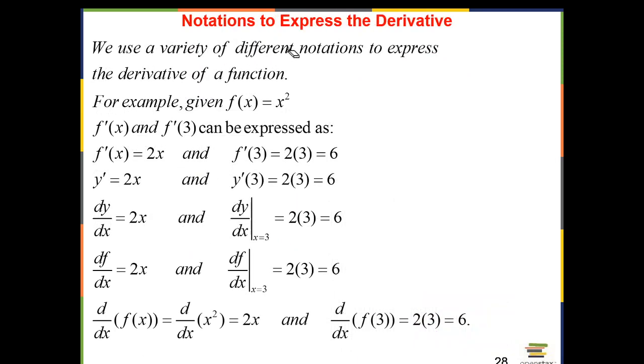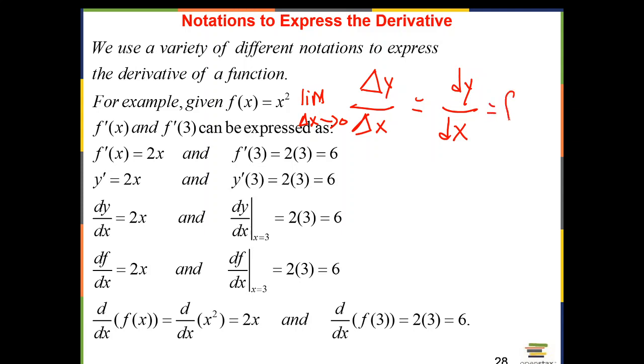All right, notation to express the derivative. We use a variety of different notations to express the derivative of a function. Now, as I said before, delta y over delta x is used for slope of the secant. So if you can take the limit of this when delta x goes to 0, we end up with dy dx, which is the same as the derivative at x.